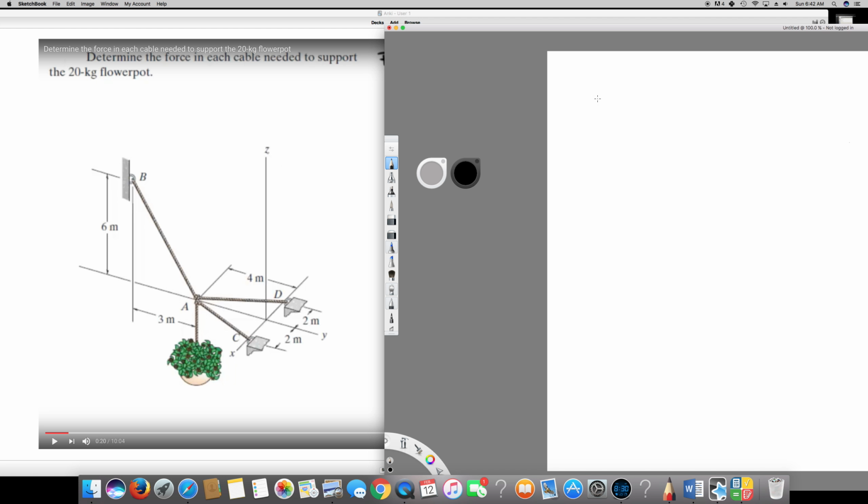it's 4 meters away from the x, okay, let's calculate the x. It's along the x axis, so x is going to be 0 for A, 0, and y is going to be negative 4, and there's no height, so it's 0.